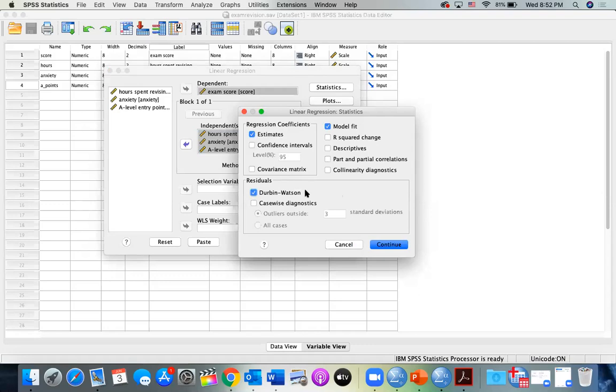Durbin-Watson is simply the statistic that assesses the autocorrelation assumption, which is why we want to include it. We want to include some descriptives as well. And of course, the collinearity diagnostics, through which we will assess the collinearity assumption.